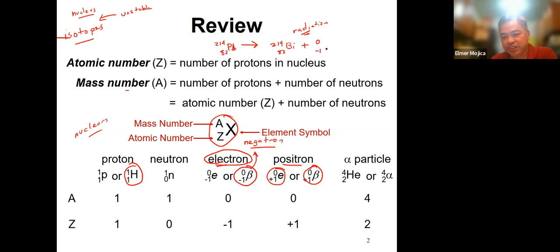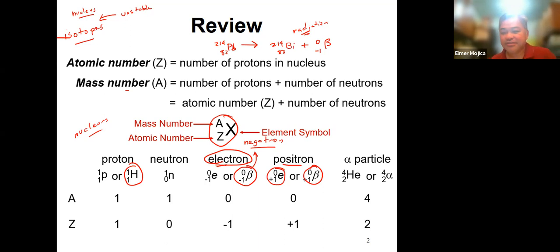And the subatomic particle that you have there is the beta particle. Okay, so to be specific about the beta particle, meron siyang tinatawag na positron kapag positively charged or positive yung atomic number, meron siyang electron or yung negatron kapag tinatawag nating negatively charged.